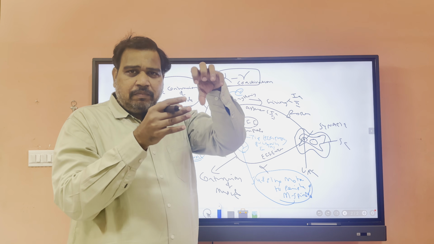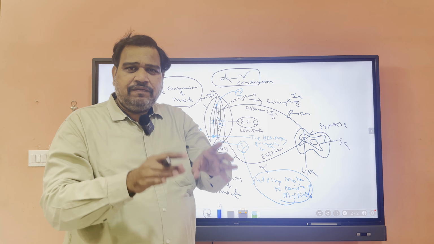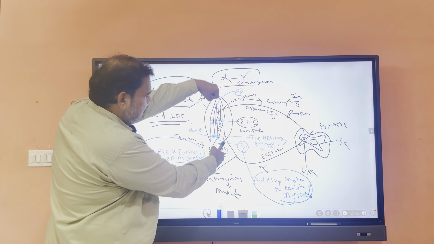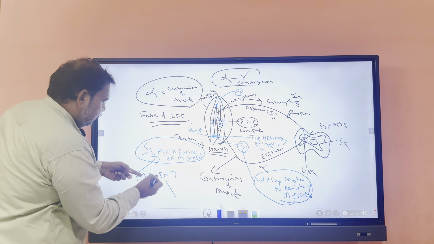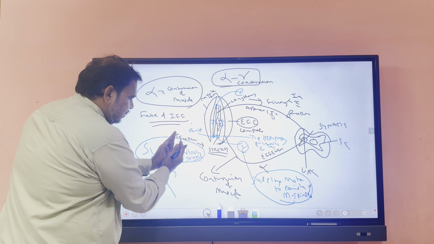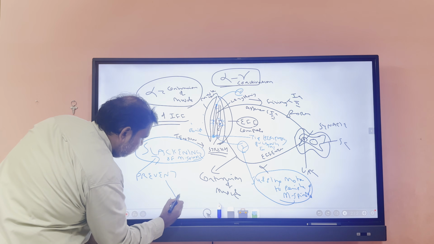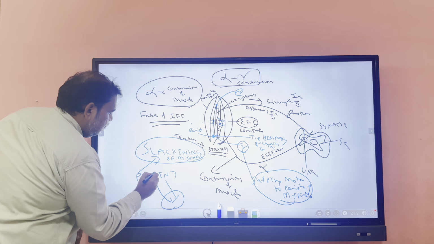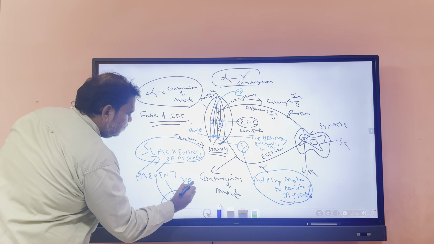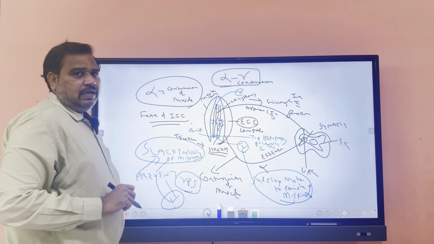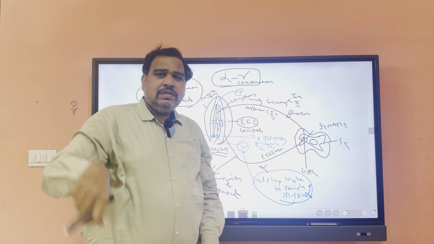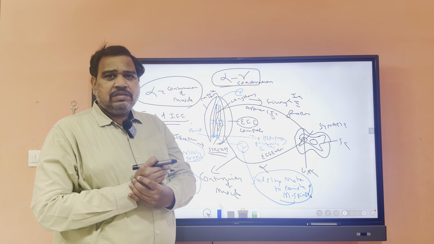And what happens? There is lengthening. The slackening means compressed, but now because of gamma, gamma prevents slackening of the intrafusal fiber so that the stretch reflex is continued.